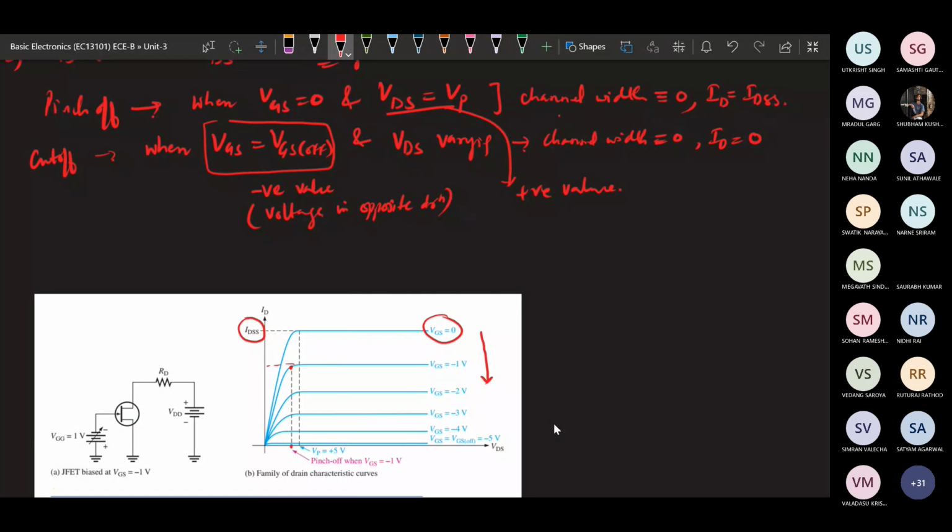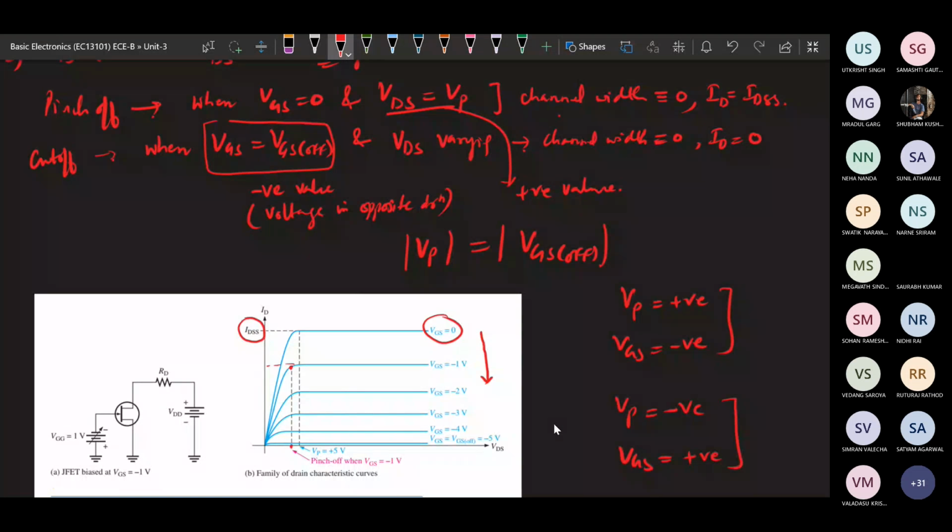These two voltages are almost constant in all cases, almost equal. So we can consider the magnitude of VP equivalent to the magnitude of VGS(off); the magnitude is almost the same. In all cases we consider it a constant, but the only difference is, if VP is positive, then VGS will be negative of the same magnitude, but if VP is negative, the VGS will be positive.